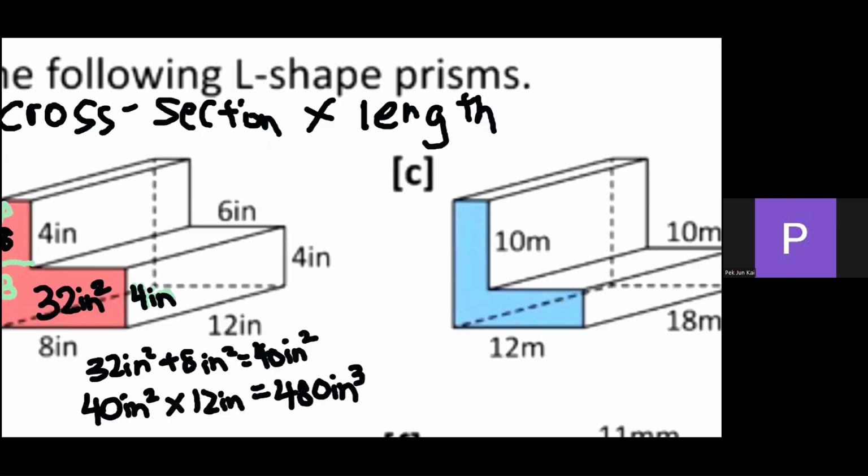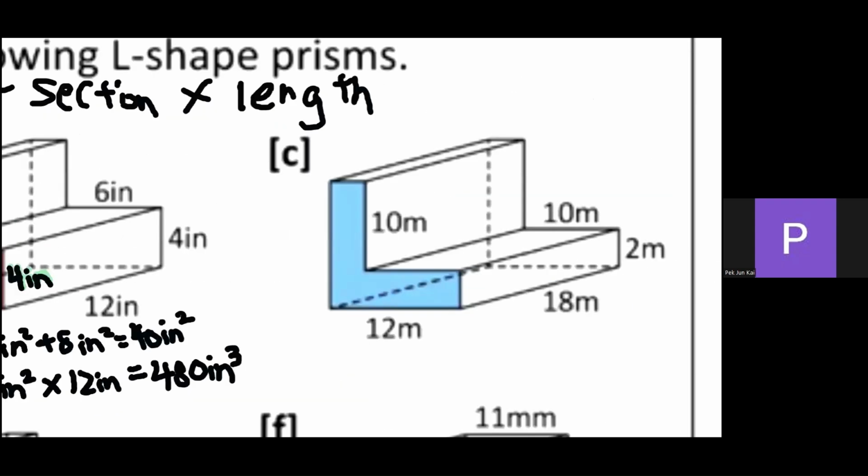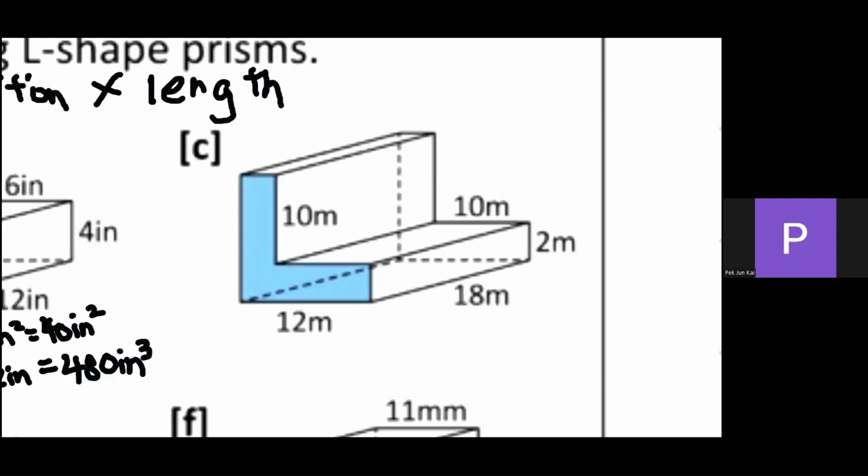Next, question C. Again, we split this into two parts, part A and part B. So for part B, the area for part B would be 24 meters square, since 12 meters multiplied by 2 meters here.